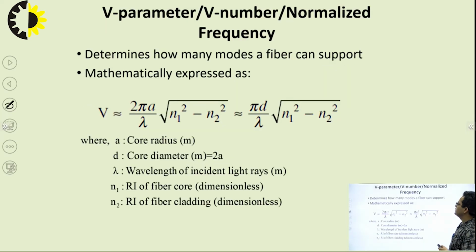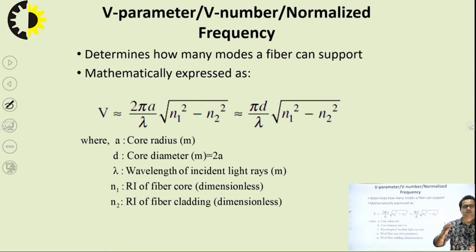Next point is the V parameter. This is an important term, as most of the numericals of unit 1 are asked based on this topic. A V number is also called the normalized frequency or V parameter. It determines how many modes a fiber can support.